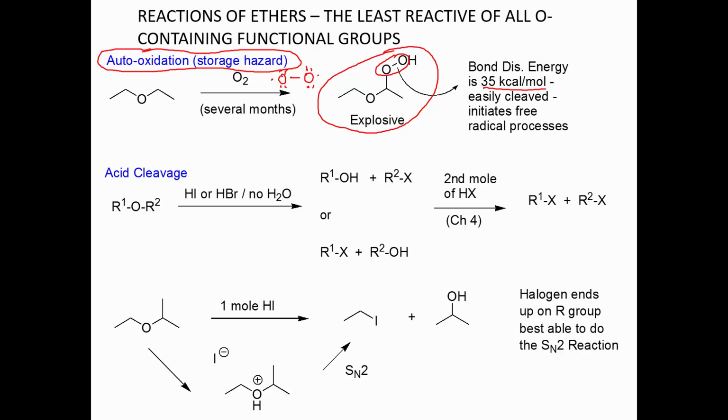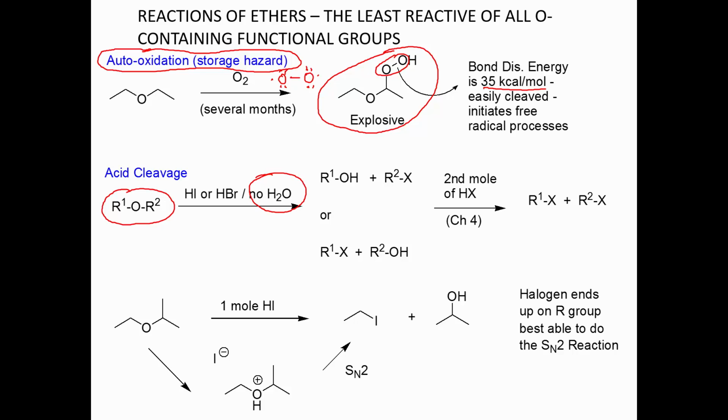Okay? All right, so let's look at the main reaction here, and this is acid cleavage. If we have an ether, and we're going to have two different R groups on our generic ether, shown here, and we treat it with either HI or HBr, usually not HCl, and it's very important also that we don't have any water in this reaction.